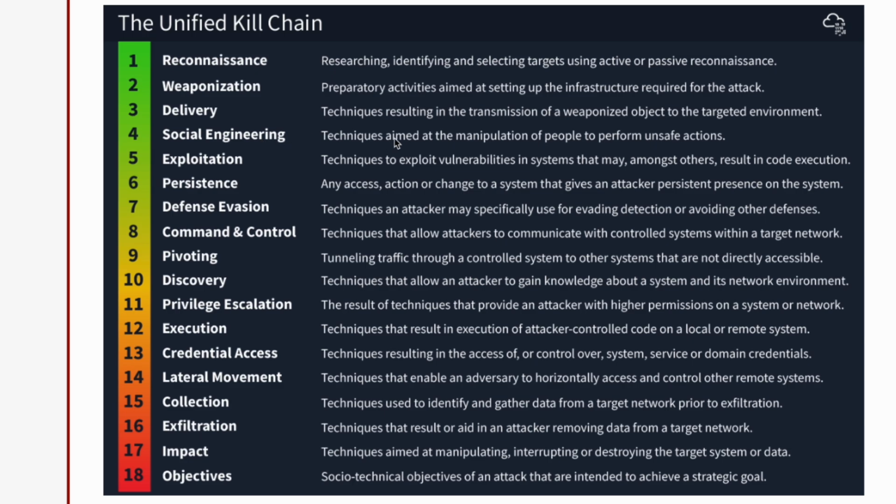Social engineering techniques are used to manipulate people into performing unsafe actions. Exploitation is exploiting vulnerabilities in the systems that may result in code execution or a bunch of other things. Persistence is to access and change or do anything that gives an attacker a persistent presence, meaning you just stay on the system, stay in their network.